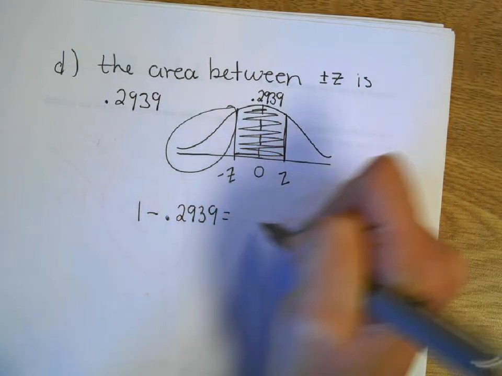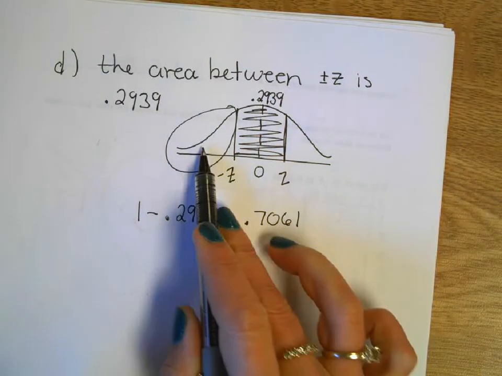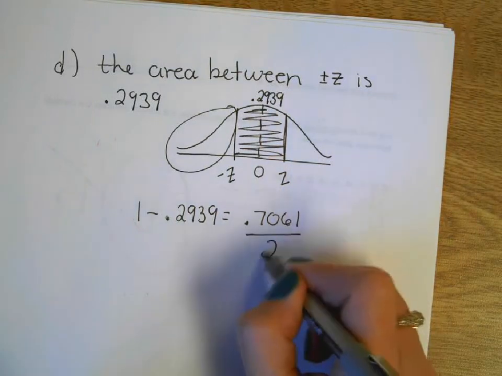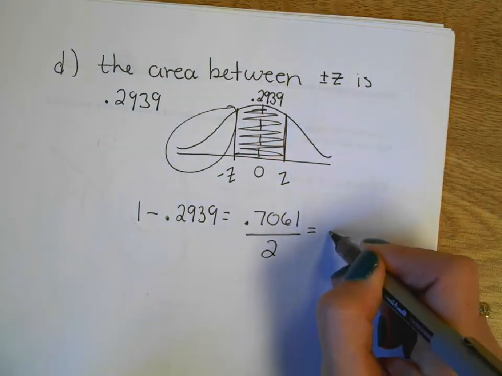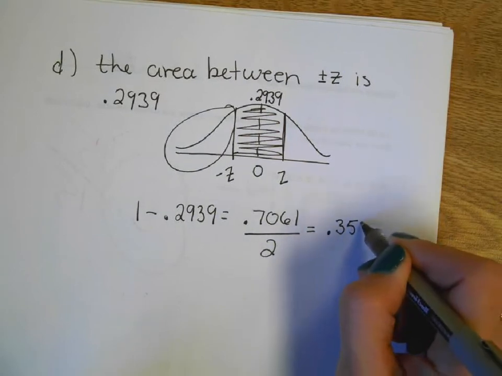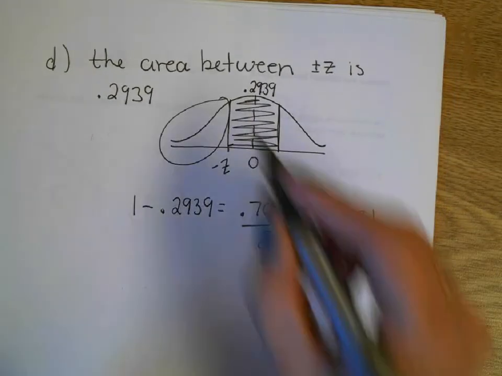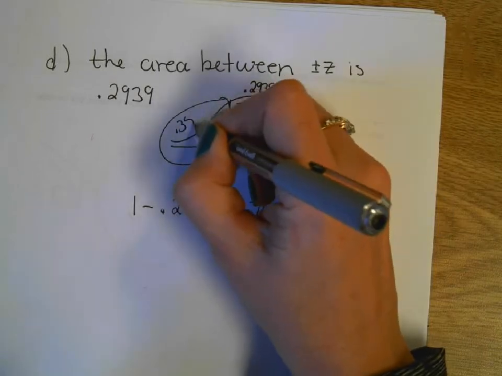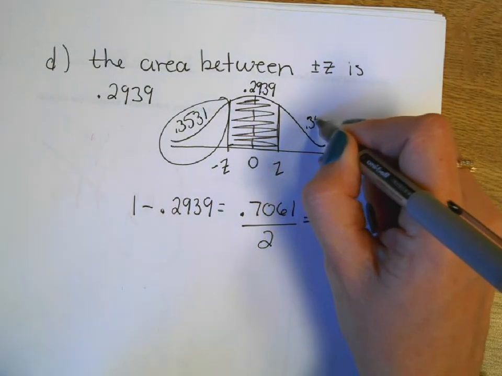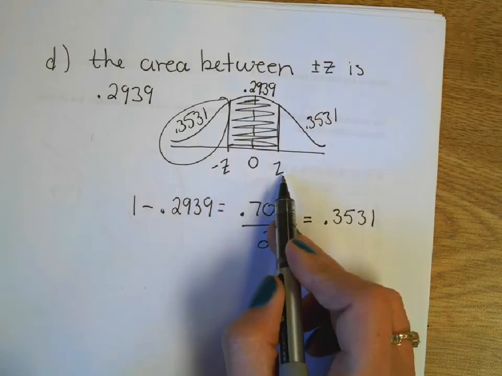0.2939. What's that value? 0.7061. So there's 70% of the graph left for those 2 pieces. If we divide that by 2, what are we going to have? 0.35305. To 4 places, approximately 0.3531 over here. So once I find the negative z, it's just the opposite of it for over here.